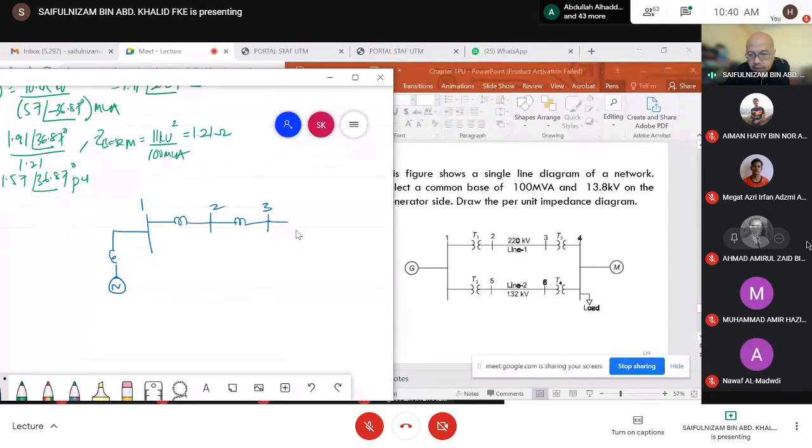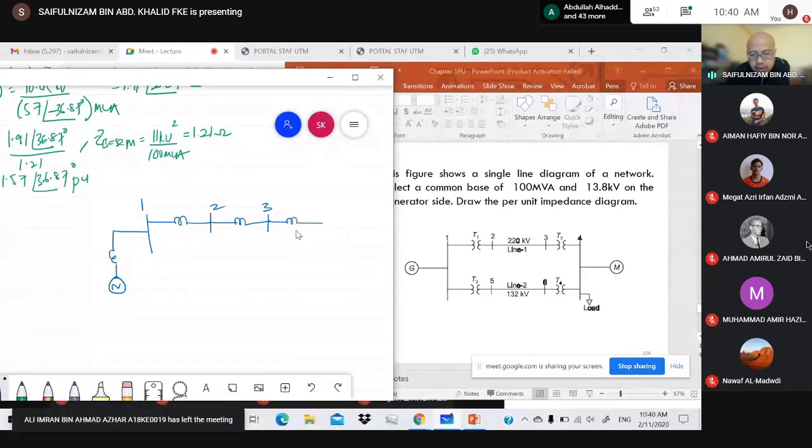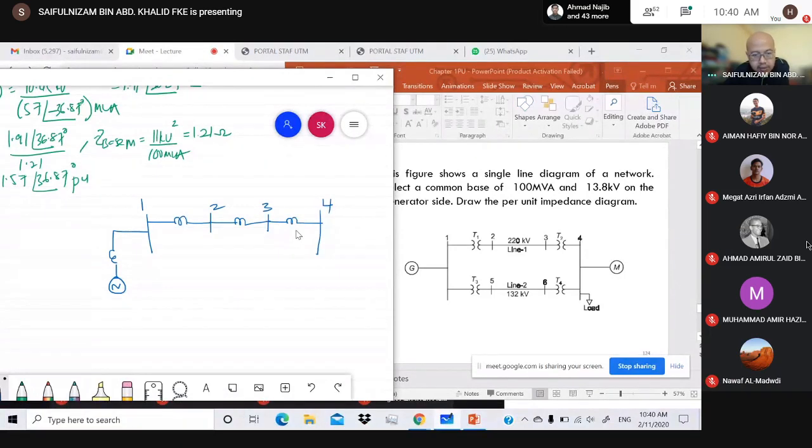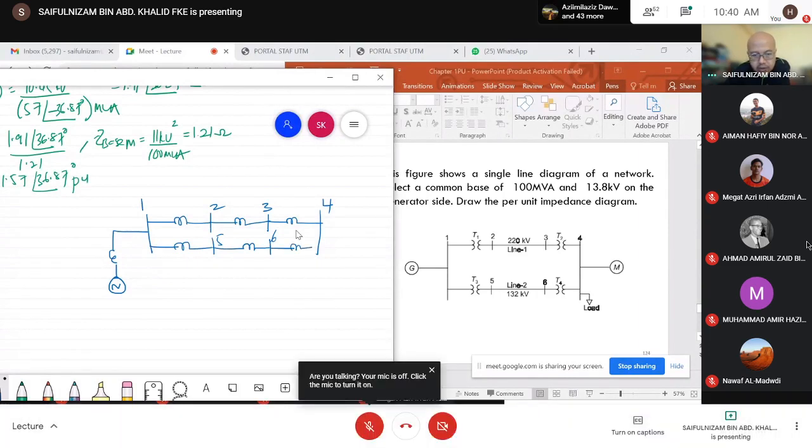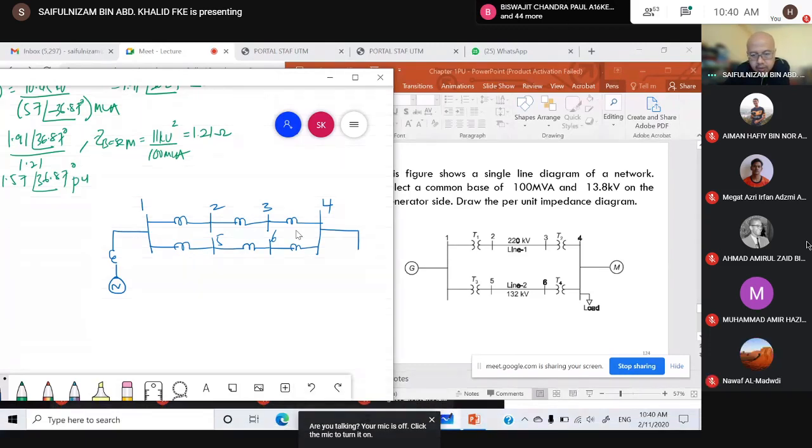Then go to the transformer 2 reactance, and then connected to bus 4, the main bus. Then the motor, and another one is the load.